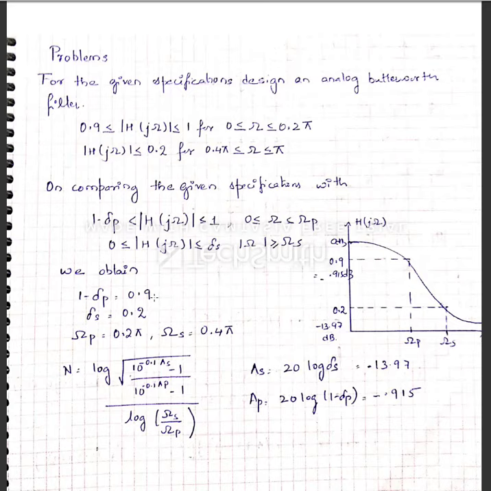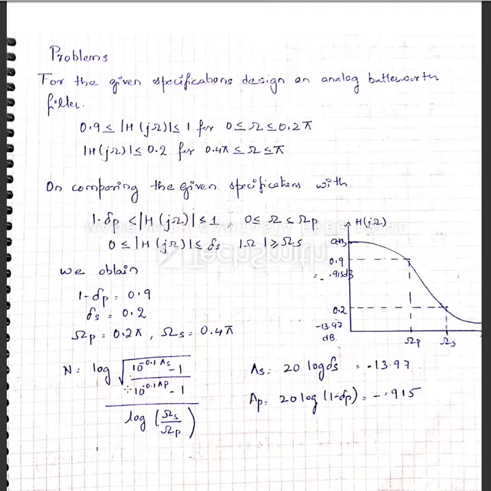I repeat the steps. Given the specifications of a particular problem, you need to find the order. Order is nothing but capital N. The value that you find from the formula will not be an integer, so you will have a fractional part, and we round it off to the next higher integer value. Then we would find the transfer function H of s considering our cutoff frequency as 1 radian per second.